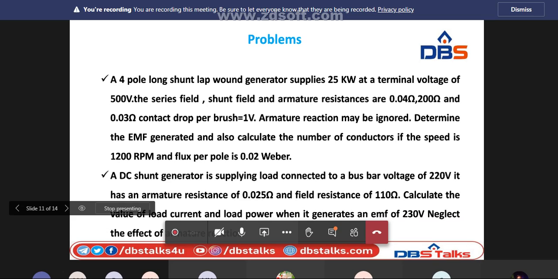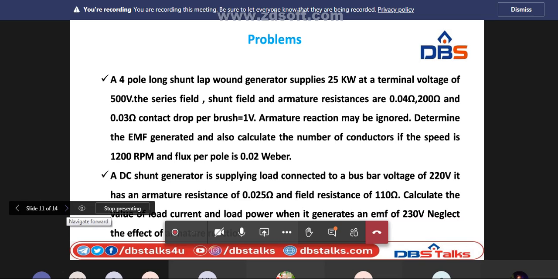Therefore substitute all these values in the equation. Eg is equal to V plus Ia Ra plus brush drop.